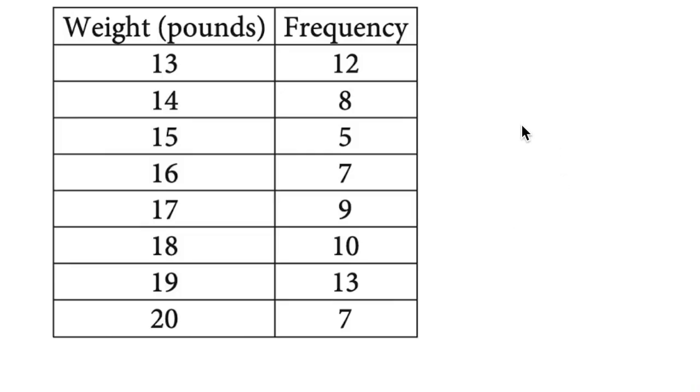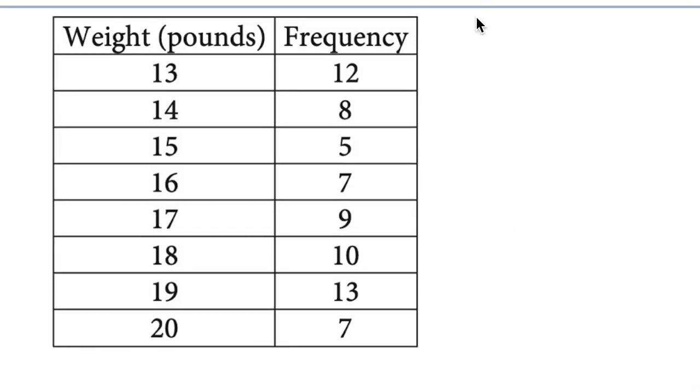To find the median, we have to create one more table which is known as a cumulative frequency table. Now how to do that? When we create a cumulative frequency table, I need to use slightly different words, like less than 13. Suppose I say less than 13, how many are less than 13?